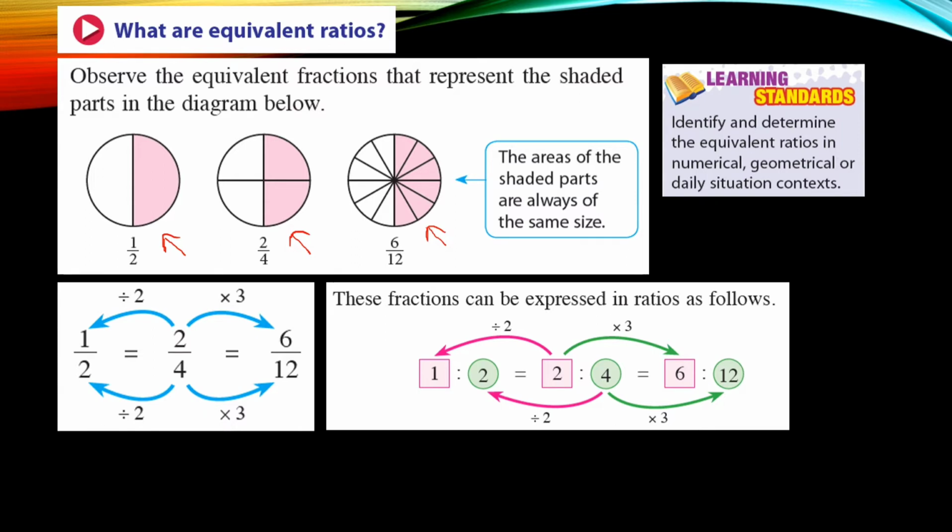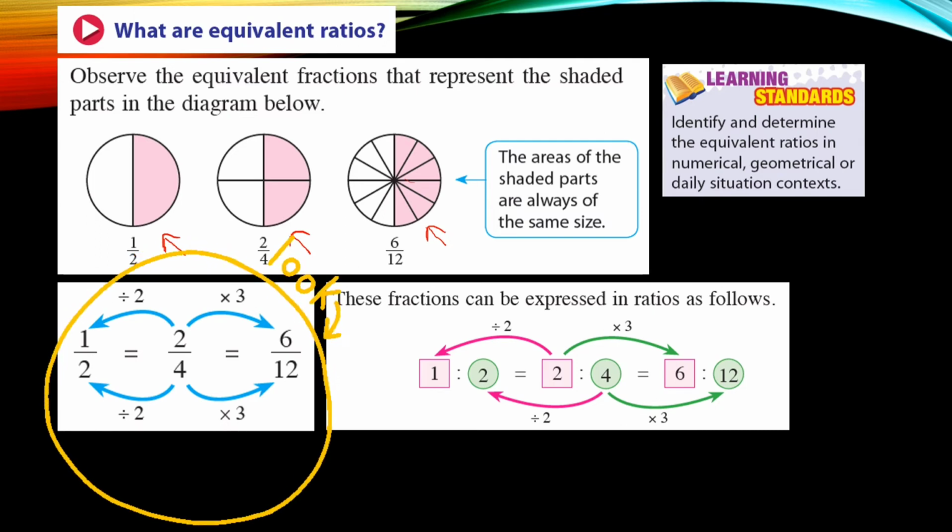This fraction can be expressed in ratios as follows. 1/2 equal 12, 2/4 equal 6/12. Here, 2/4, if you divide both numerator and denominator by 2, you will get 1/2.